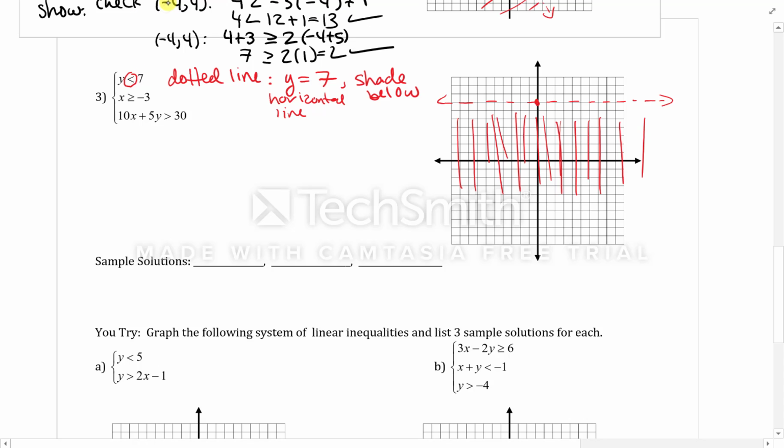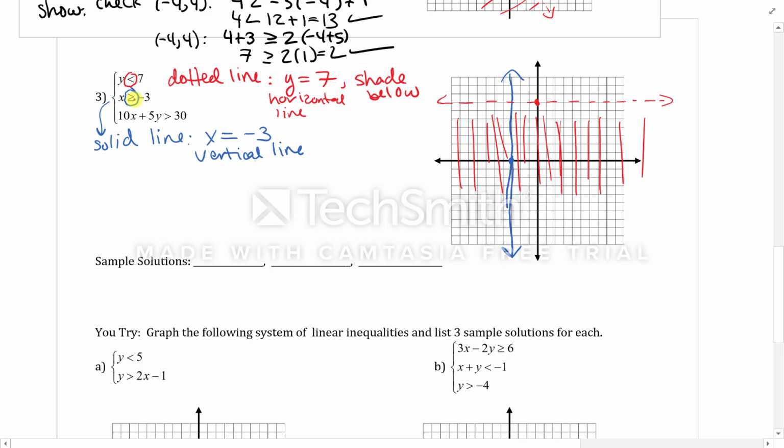Now for the x inequality, that's going to be a solid line because of the fact that there's an equal sign under the greater than symbol. And the line that I'd be graphing would be vertical because it's an x equals line. So I go to negative 3 on the x-axis and draw a solid line through the x value of negative 3.